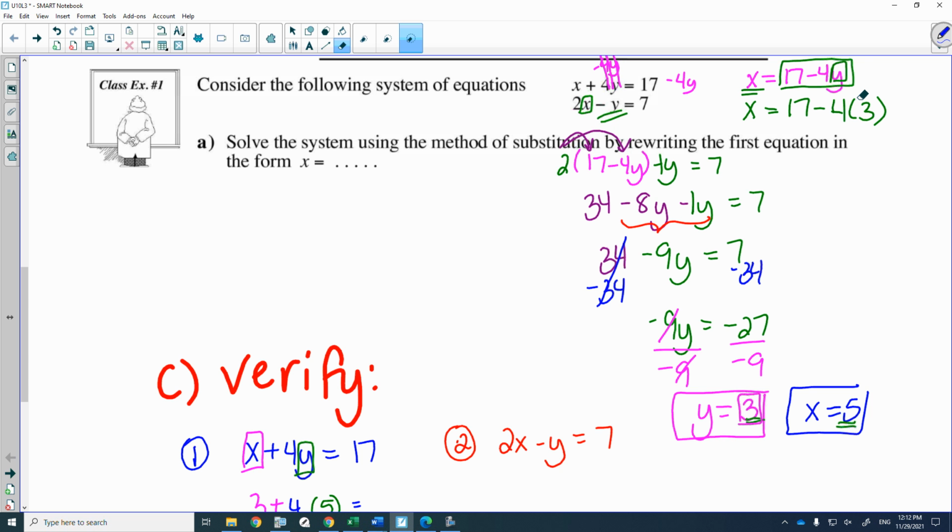So 17. Hold on. 17 minus 4. Okay, I'm not seeing it. Well, x is 5, y is 3.